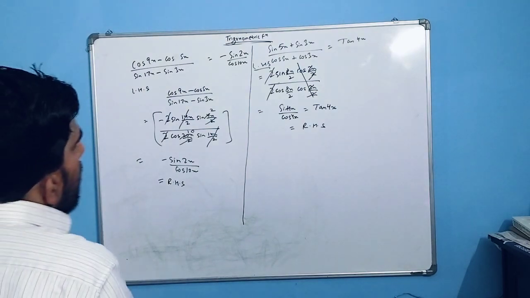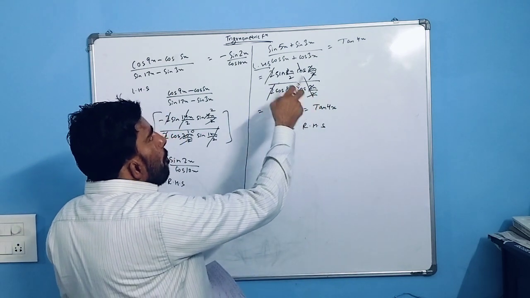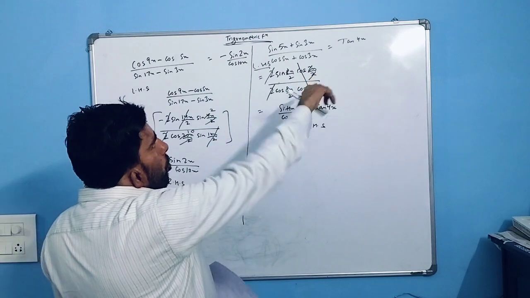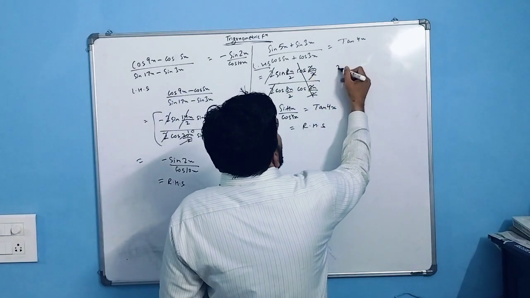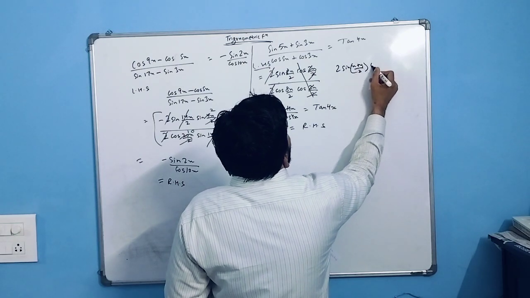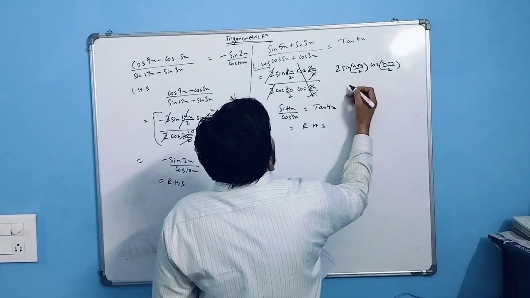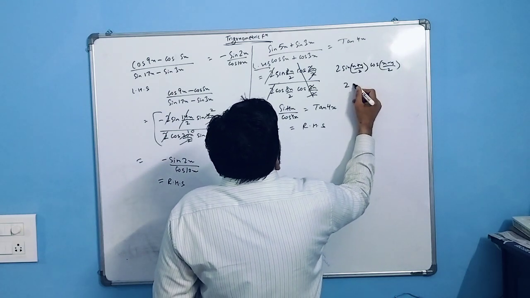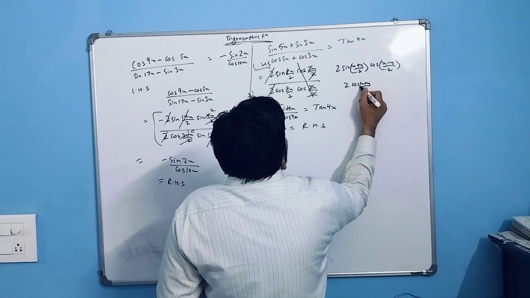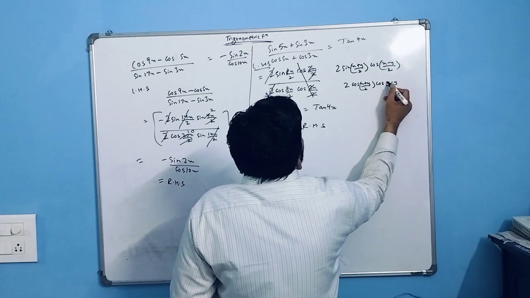Now we have just seen the numerical we have solved, sin x plus sin y upon cos x plus cos y. The identity is 2 sin of (x plus y) by 2 and cos of (x minus y) by 2, and here I have used cos x plus cos y, that is 2 cos of (x plus y) by 2 and cos of (x minus y) by 2.